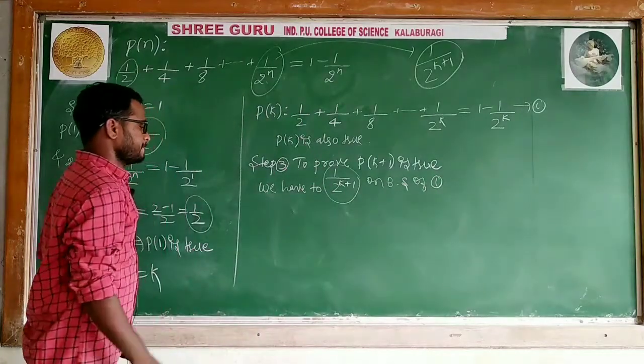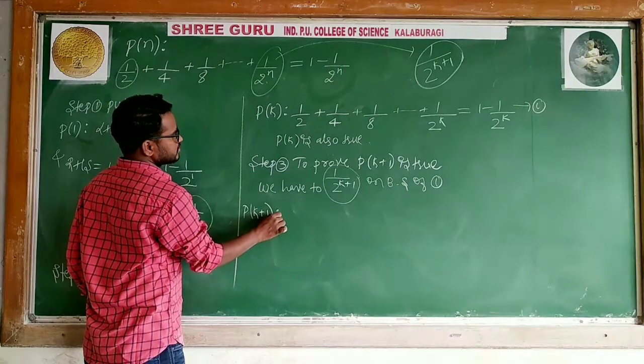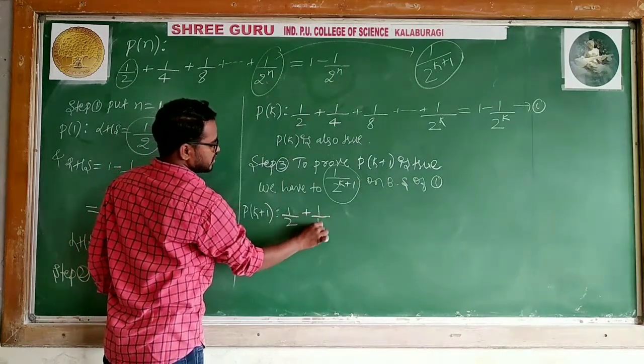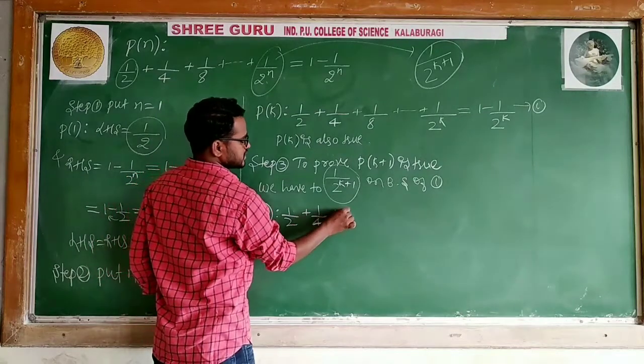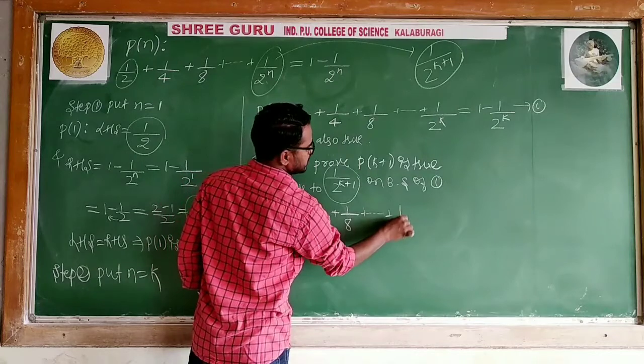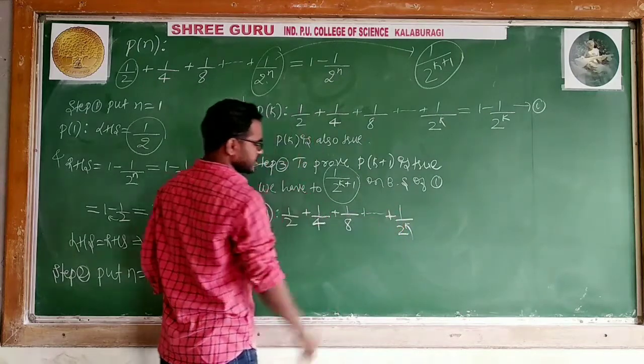See there, P of k plus 1: 1 by 2 plus 1 divided by 4 plus 1 divided by 8 plus up to 1 divided by 2 to the power k. This is k number of terms.